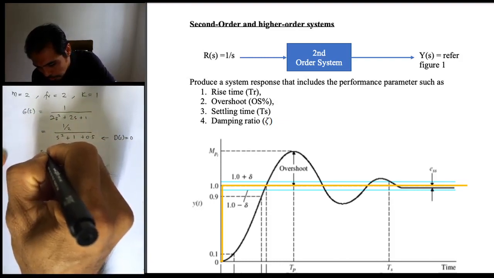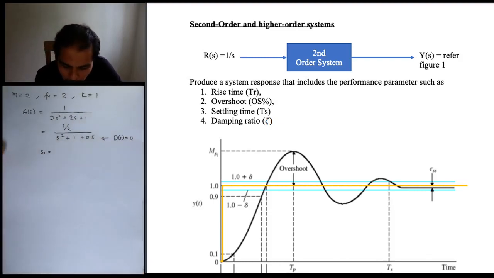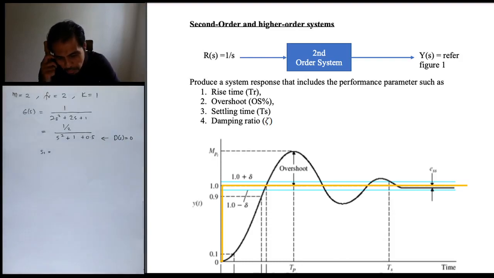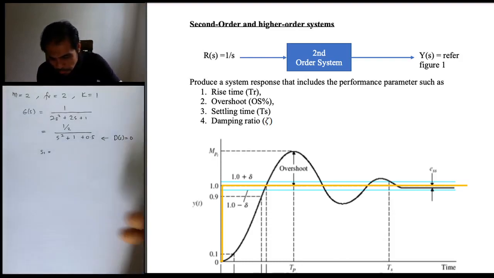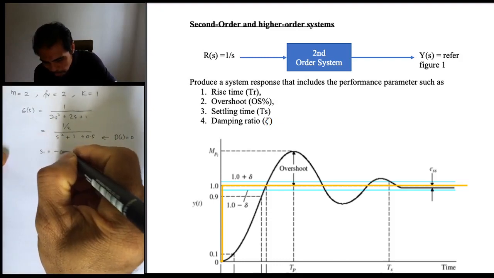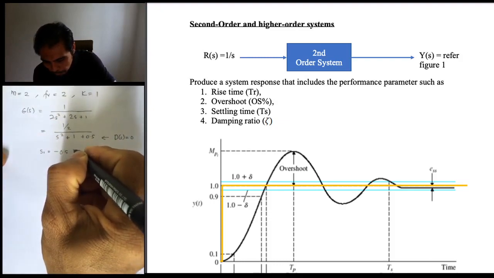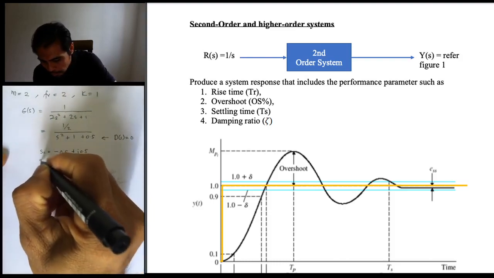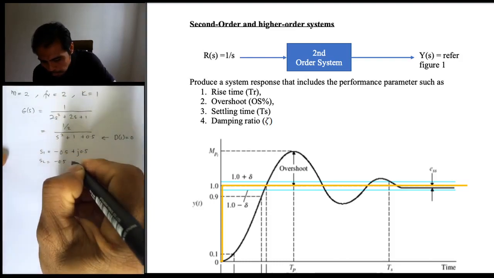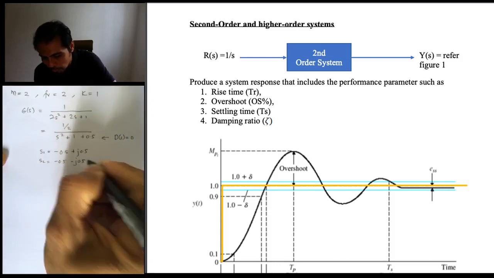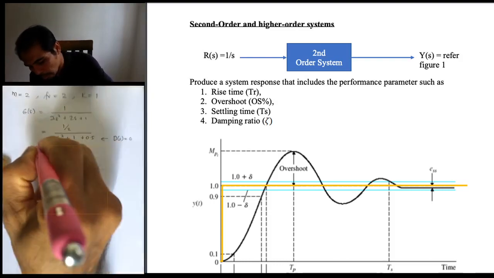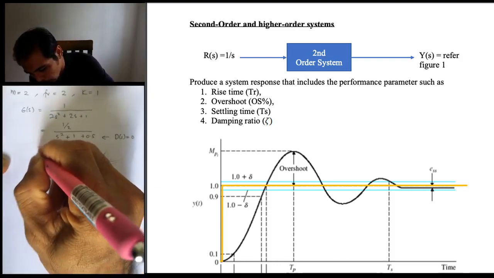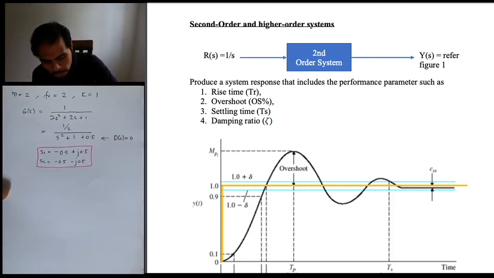So the first root, we are getting a complex root, which is minus 0.5 plus j 0.5, and then s2 is minus 0.5 minus j 0.5. Okay, so now you see that the answer changes. The roots change, right?